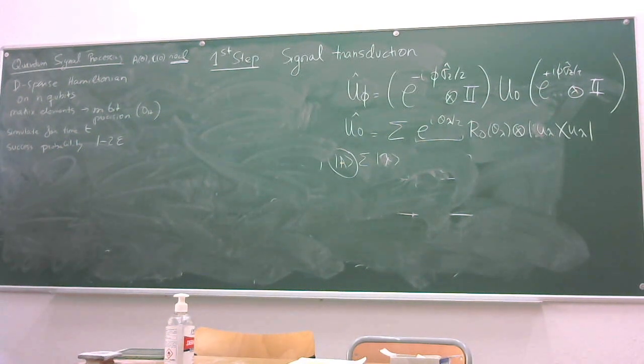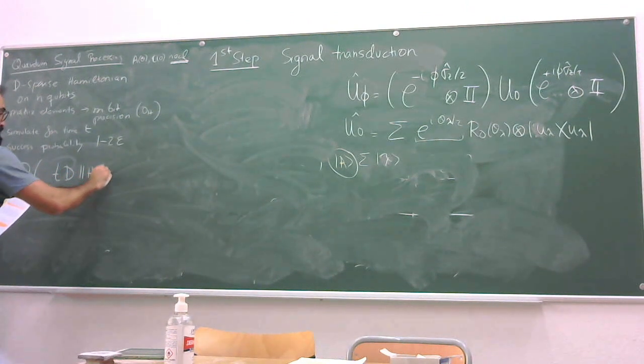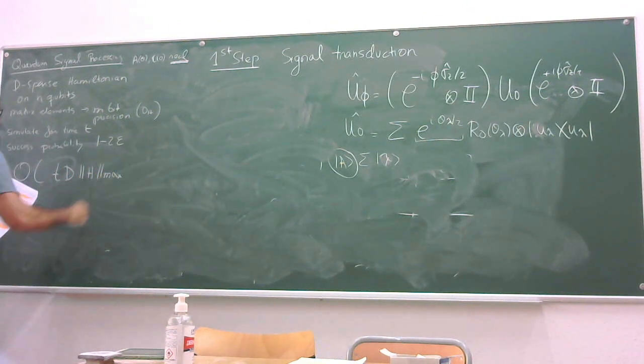So we need order... It's not for t. It's precisely t times the norm of h. It's giving you the maximum t. It's a smaller radical than pi.